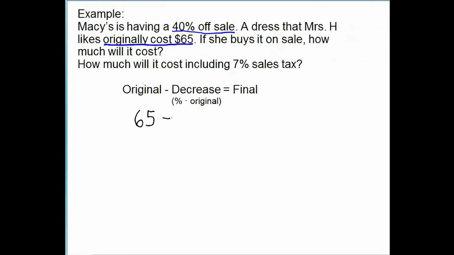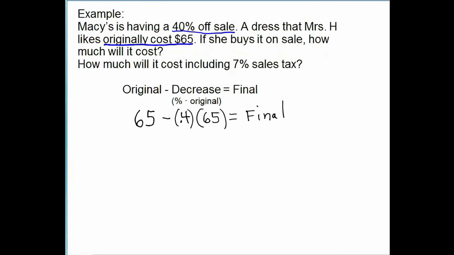We're going to subtract for the decrease or discount 40% off. So we have to change it to a decimal, drop your percent, and go 2 places to the left. So 0.40 or 0.4 times the original, so times 65 will equal the final.